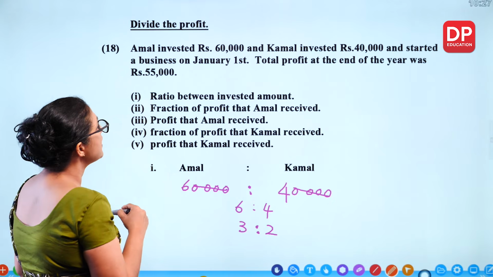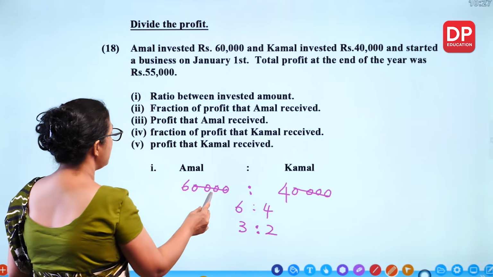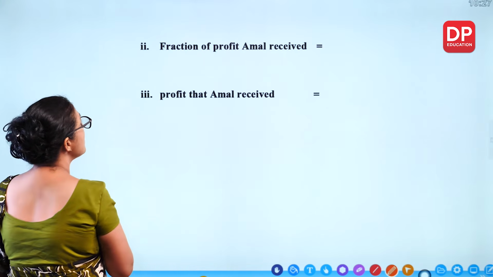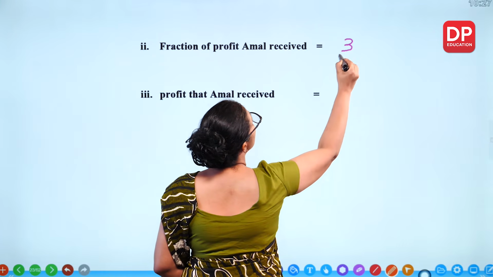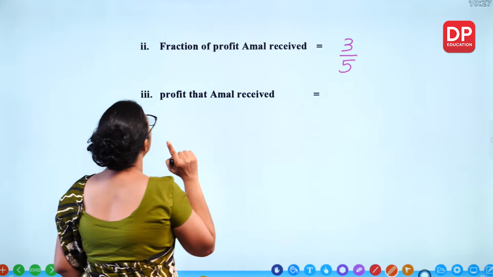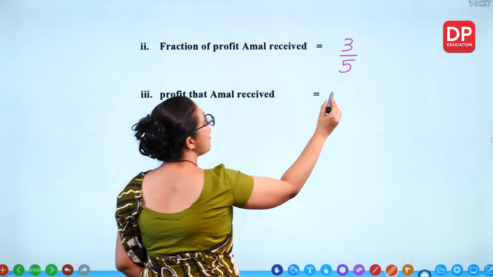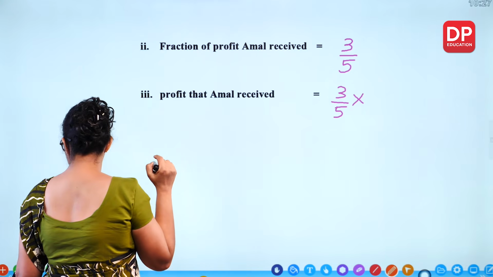Fraction of profit that Amal received. So Amal is 3 out of 5. So what's the fraction? 3 over 5. Profit that Amal received. So 3 over 5 into the total profit.